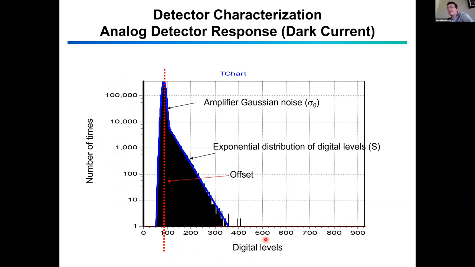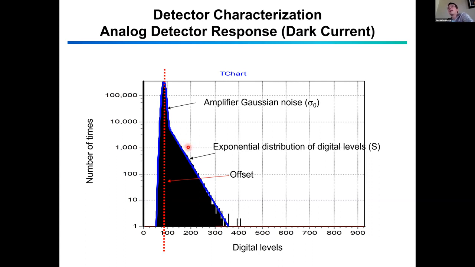On the x-axis, you have the digital levels. And then you see exactly those three parameters. You have an offset highlighted by this dotted vertical line. Then we have this kind of bell-shaped curve, which is the amplifier noise, in this case, Gaussian noise.